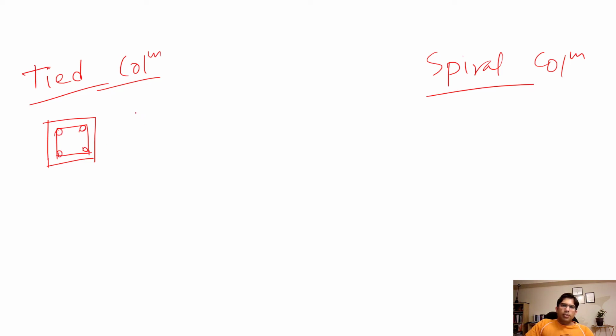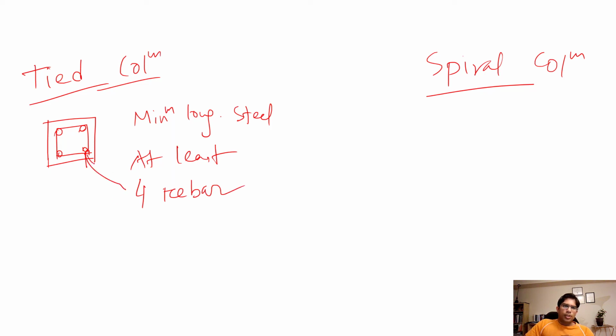You should always have minimum longitudinal steel of at least 4 rebar, 4 rebar in 4 corners. So if you see, 4 rebar in 4 corners, and then the spiral, as you see, the spiral is usually circular.